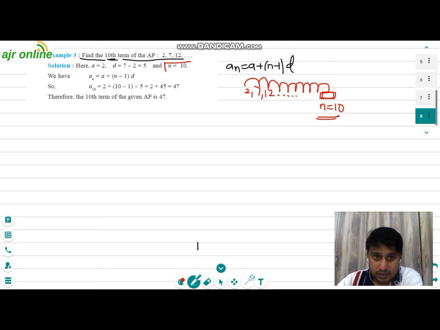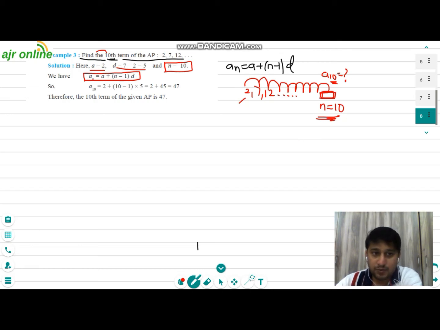And of course a is 2, and d is 7 minus 2, which is 5. We know the formula: an equals a plus (n minus 1) d, and you have to find a10, because you have to find the value of the number which is at the 10th place. It is saying find the 10th term.